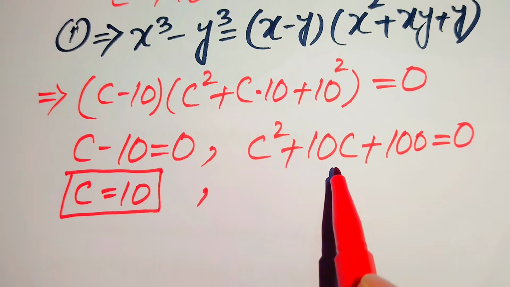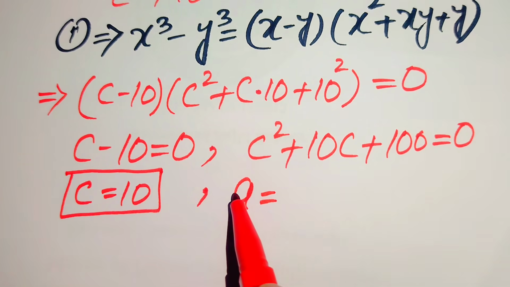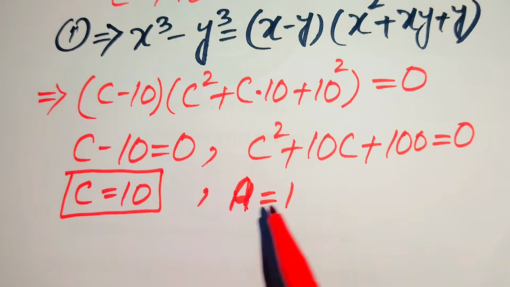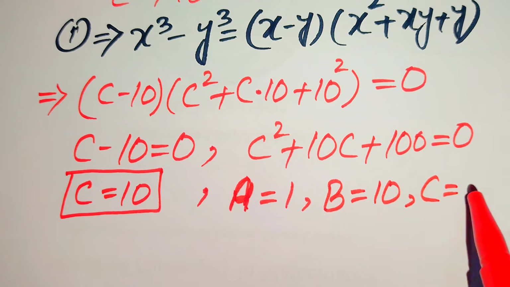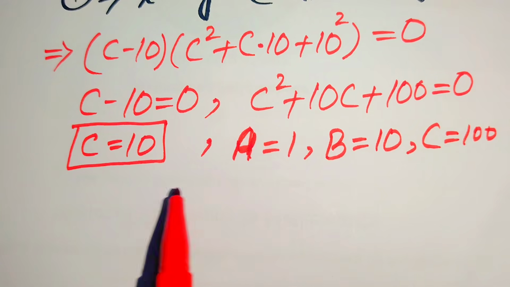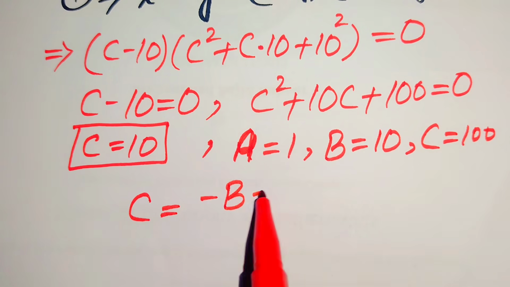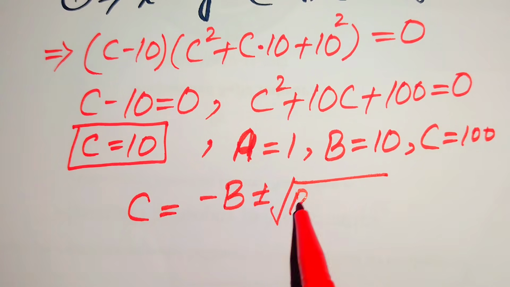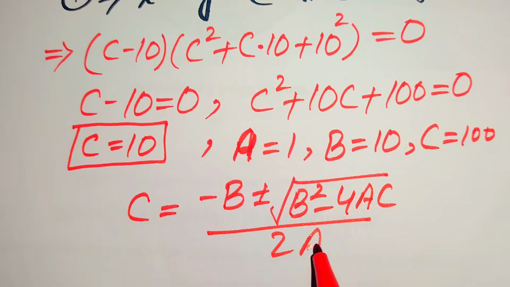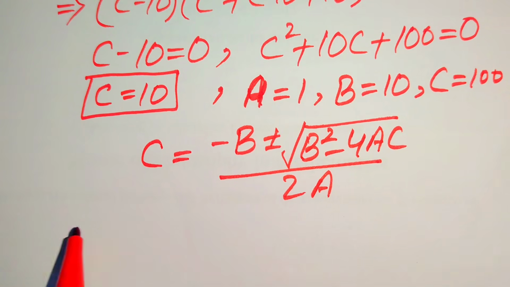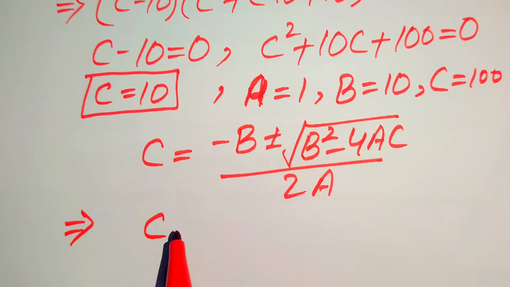So for this, first we write the coefficients of this equation. Its coefficients are capital A is equal to 1, capital B is equal to 10, and capital C is equal to 100. And we state the quadratic formula as c is equal to minus B plus minus square root of B square minus 4 times AC, divided by 2 times A. Here we substitute all the values of A, B and C. So this will be written in this form.